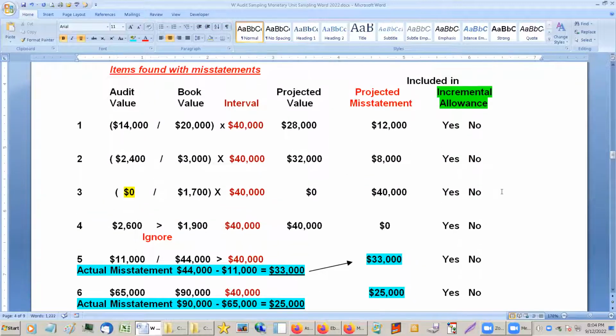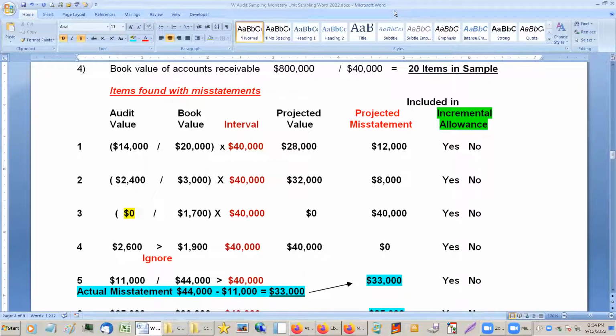Okay, now this incremental allowance. The incremental allowance is there because those items that don't cover the entire interval could have more things wrong in that interval, because notice that book value is overstated, so it pushed out some legitimate accounts, or accounts that were bad.